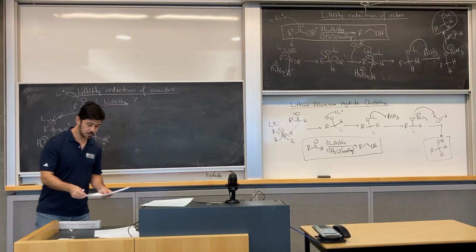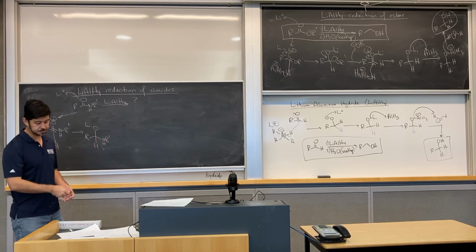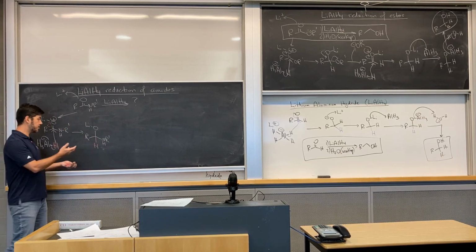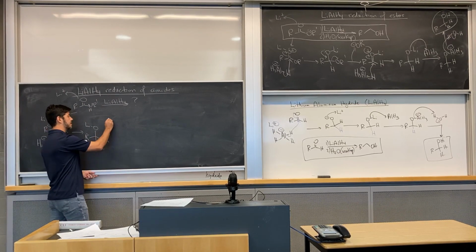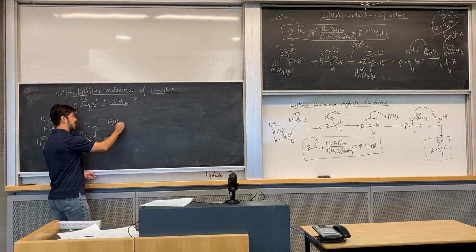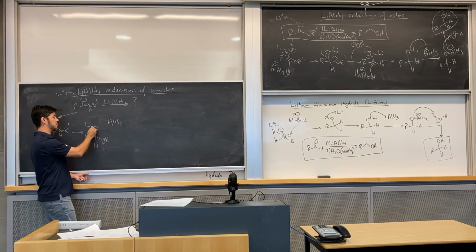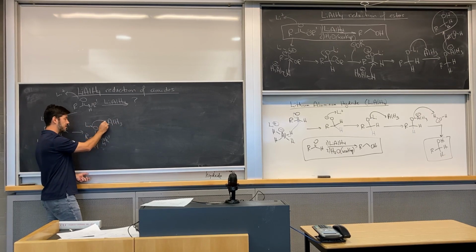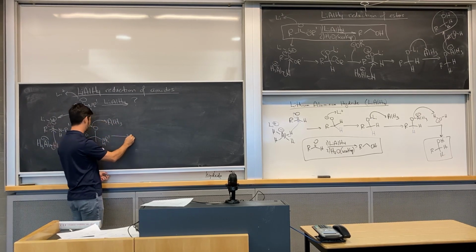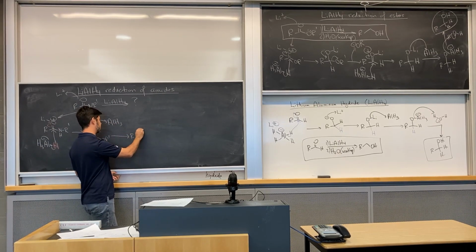All right, so what's going to happen next? So like we've seen before, you have this thing in solution, so you're going to get the transfer as we've seen with the other functional groups.